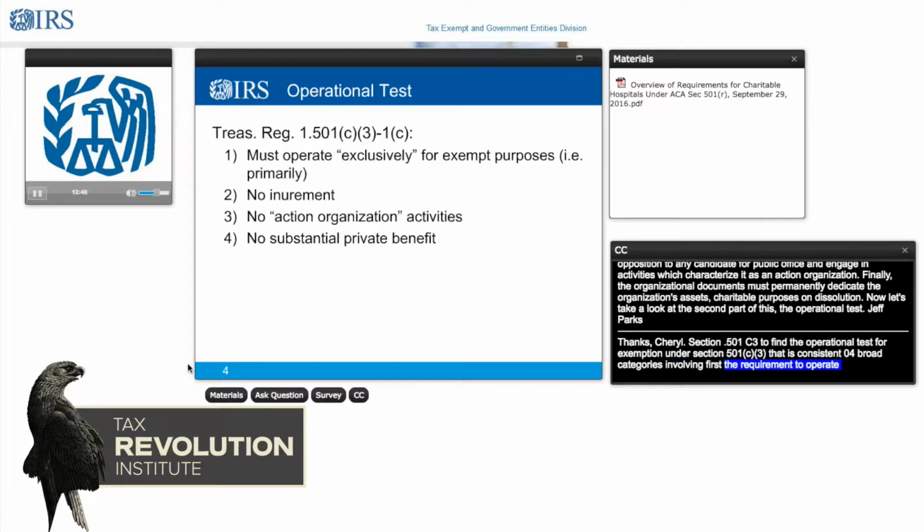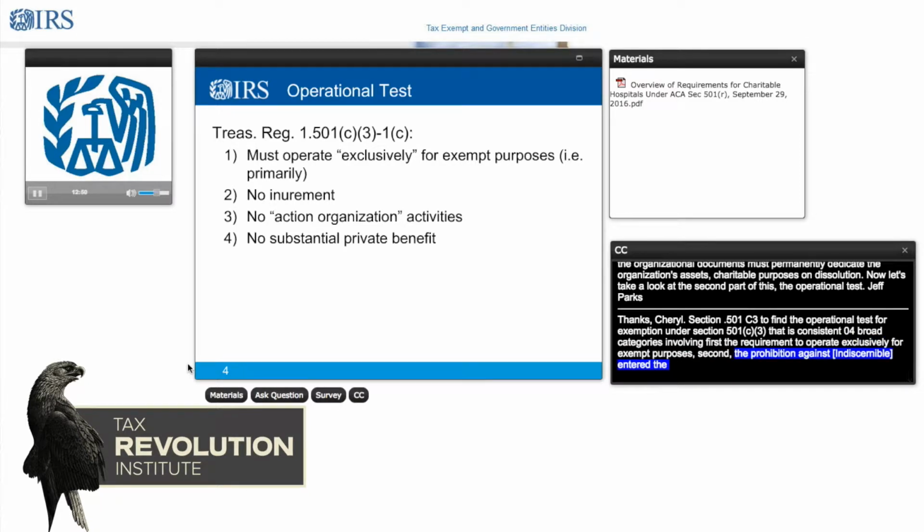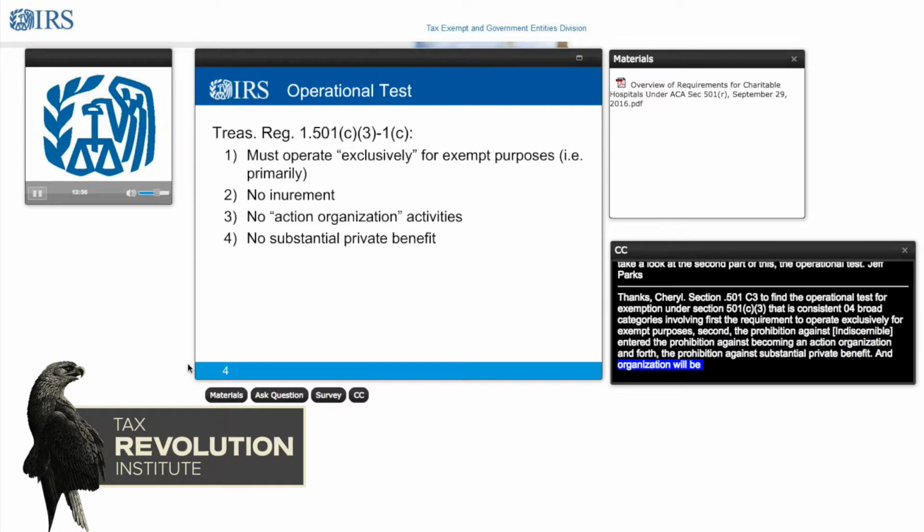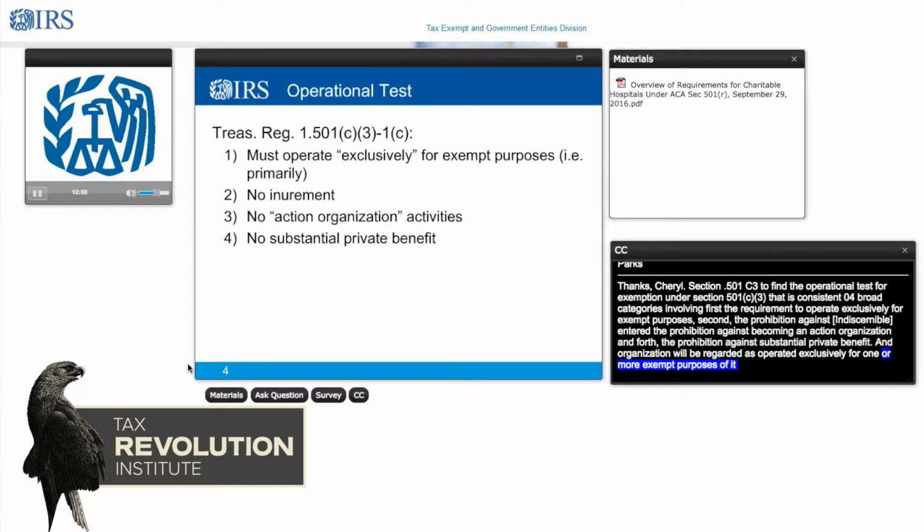An organization will be regarded as operated exclusively for one or more exempt purposes if it engages primarily in activities that accomplish one or more exempt purposes as specified in Section 501c3.